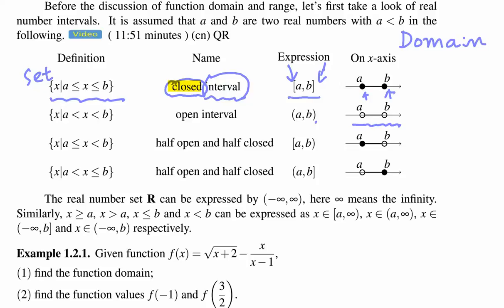Then you use round brackets on two sides. And such an interval is called an open interval. Okay, and is denoted by x greater than a, less than b. Again, this is a set notation.